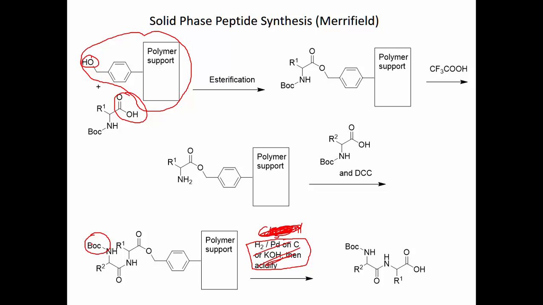Okay, so what's been developed is actually a machine where it's known exactly how long you have to expose it to trifluoroacetic acid, how long you have to expose it to DCC. All of the 20 amino acids are commercially available as their Boc derivatives. You don't even have to really make them.